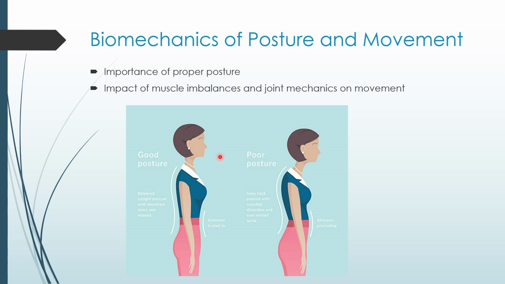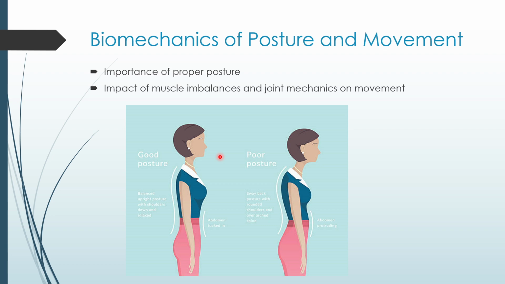Right, now coming back to biomechanics and posture movements. Since our posture is decided by the skeletal structure and the muscular structure, we need to use them in a proper way in order to prolong their usage and to gain advantages from them.